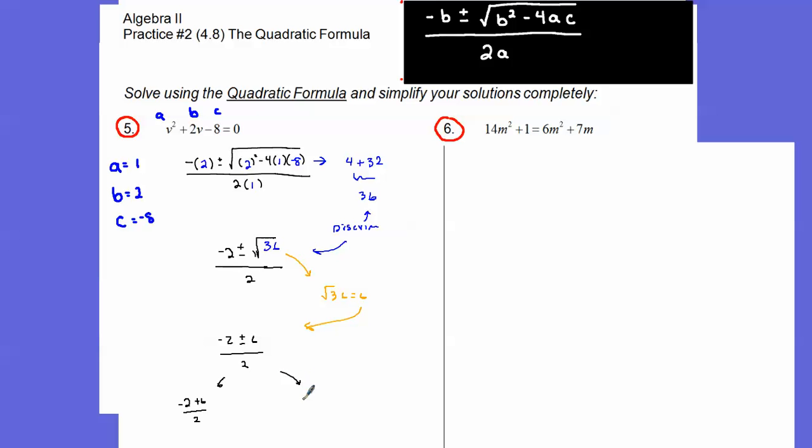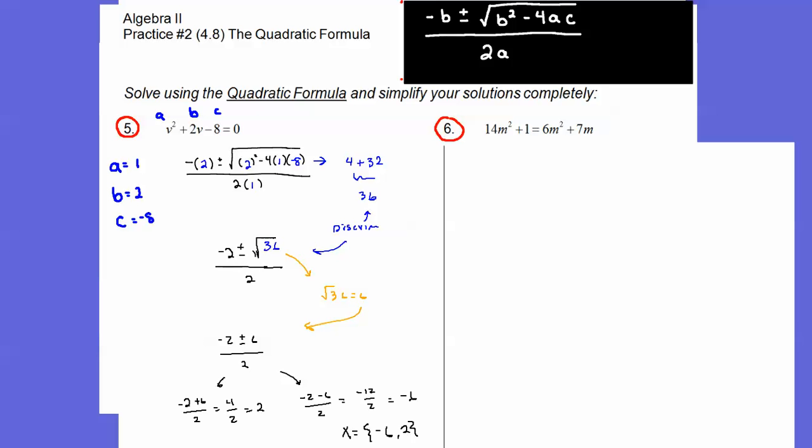Here we will have -2 minus 6 all divided by 2. This one is going to be equal to -12 over 2, which will actually equal -6. The first one will equal 4 over 2, which will equal 2. So the final result is going to be x equals to either, I should say both, -6 and 2. Those are the 2 solutions.